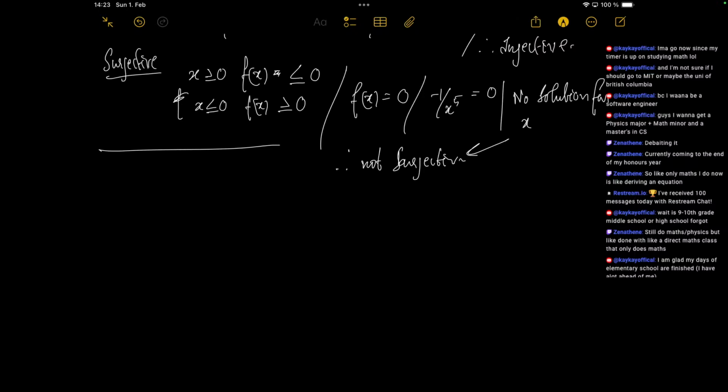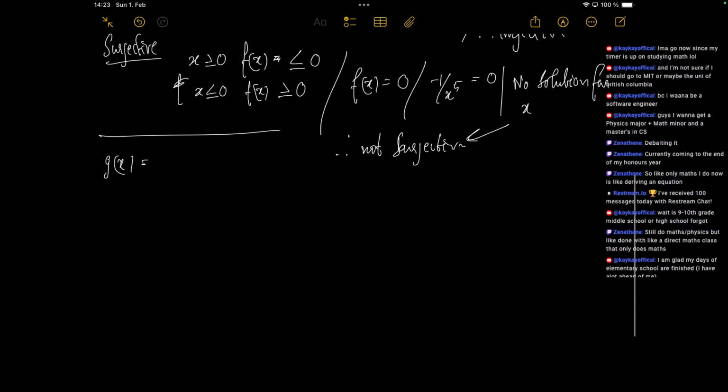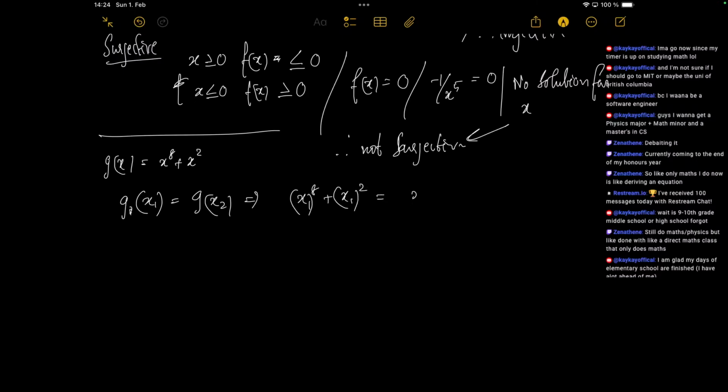Okay, now next one. G of x raised to 8 plus x1 square.